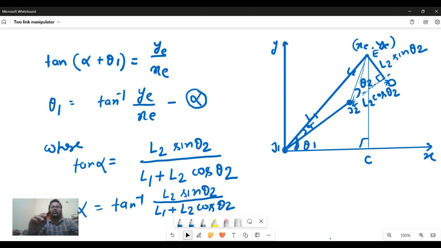So please try to derive these relations, because I will use them as they are in the MATLAB environment to simulate this two-link manipulator. Also, in later classes, I will use the same relations to code this inverse kinematics in the Arduino IDE. We will meet in the next class, which will be related to the inverse kinematic simulation in the MATLAB environment.